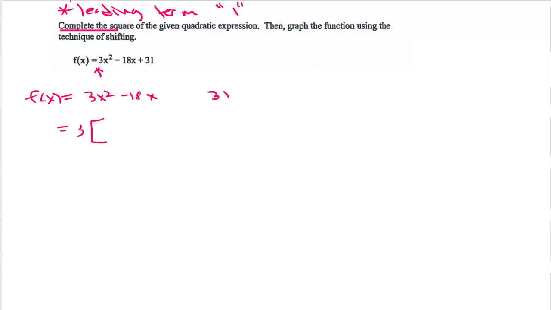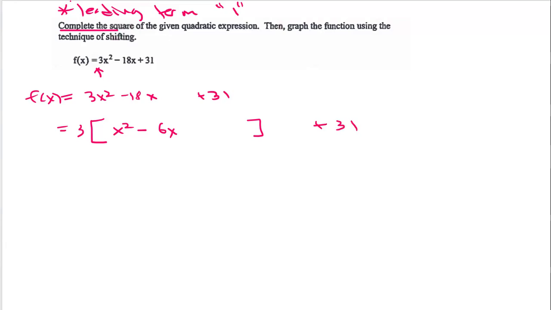I'm just going to put this in brackets, which means the same thing as parentheses. Then I have x² minus, and if I pull out a 3, 18 divided by 3 is 6, or 3 times 6 is 18, so it's going to be minus 6. Then we still have that positive 31 out here.